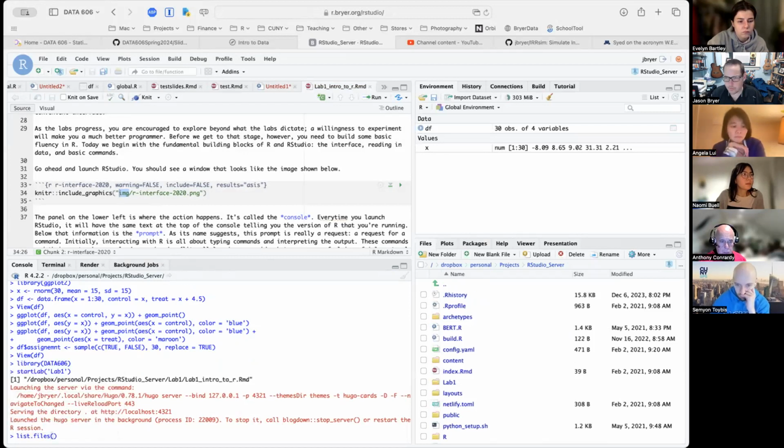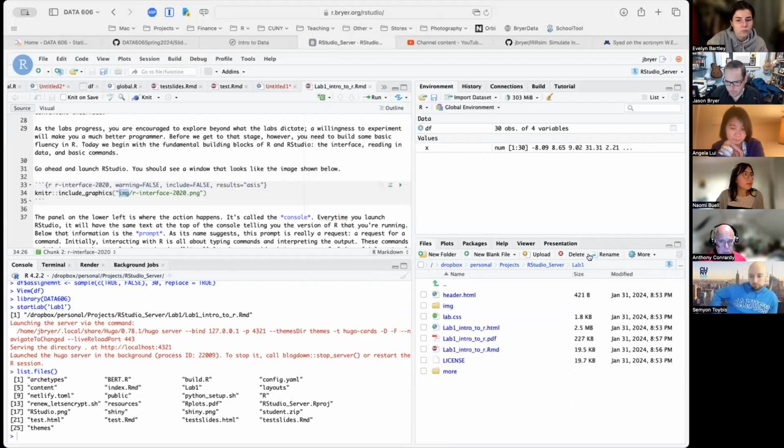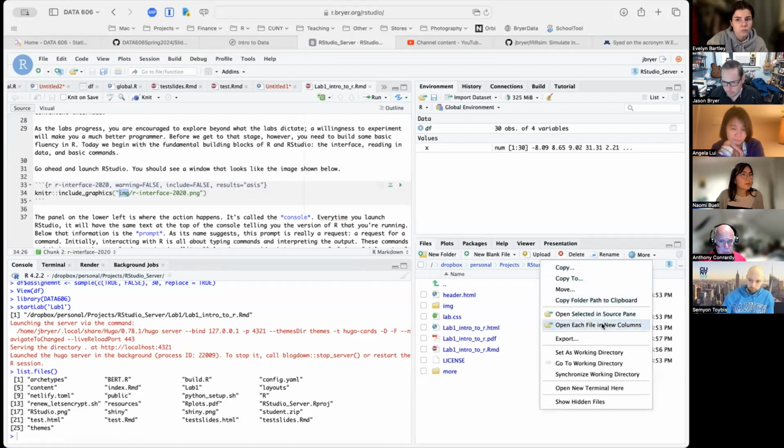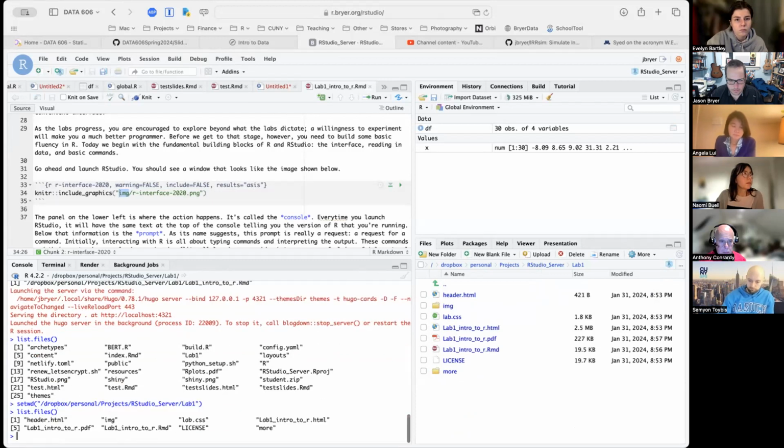If I say list.files, I think this is how I showed it before, this is going to list the files here. So I have archetypes.r, this folder. But if I go to lab 1, for example, there's a function called setwd, or in RStudio, I can go More, Set As Working Directory. Now if I call list files, I'm getting the contents of this folder.